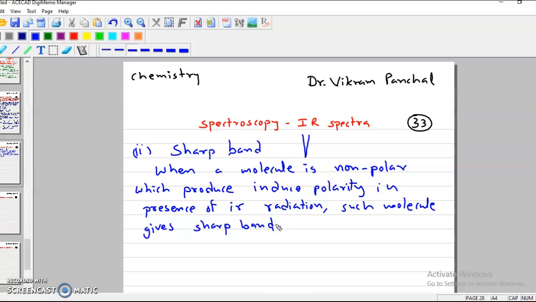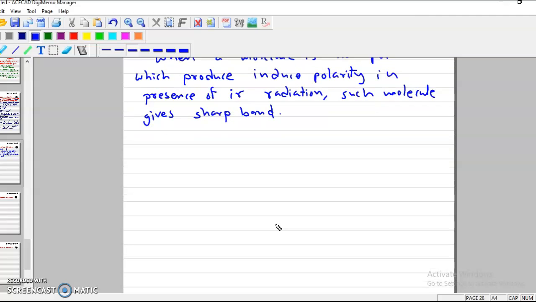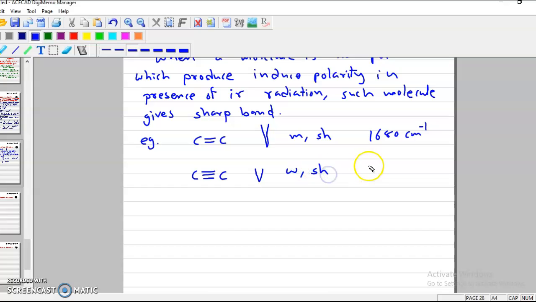Okay. Or there are certain groups which you will observe sharp bands like C double bond C, alkene, which will be of medium and sharp, at 1680 centimeter inverse. Another is C triple bond C. It will be also very sharp but weak at nearly 2100 centimeter inverse.